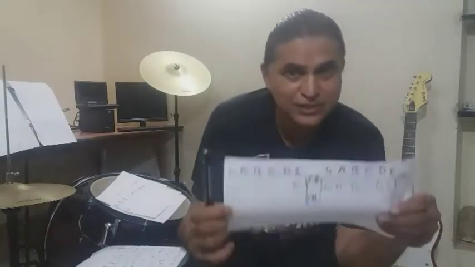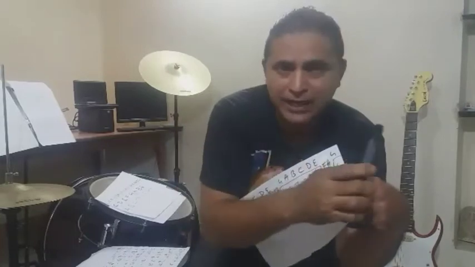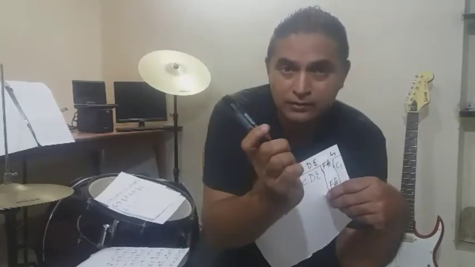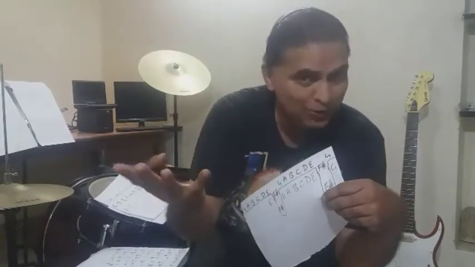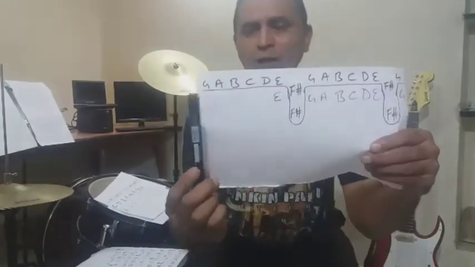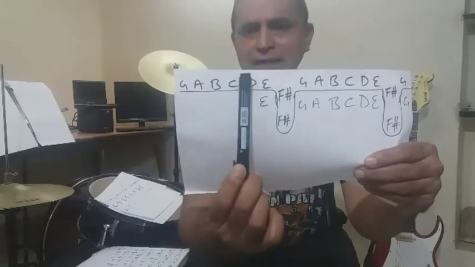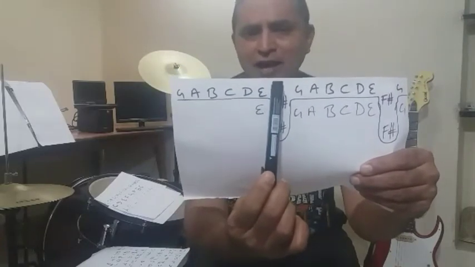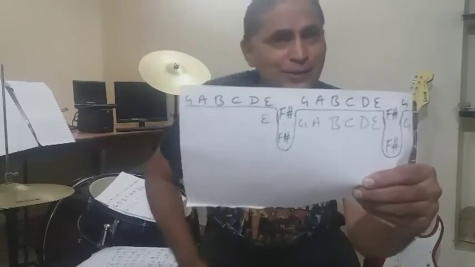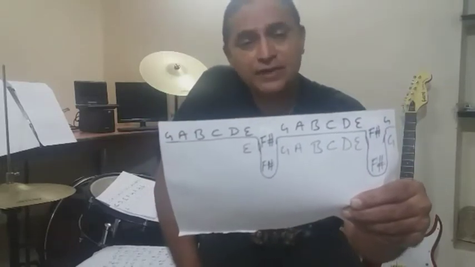See, I started from A, I got 3 sharps. I started from B, I got 5 sharps. I started from C, no sharps. I selected that. Then D, E, F, G. When I came to G and I applied that pattern, I got G, A, B, C, D, E, F sharp, G. So in G scale we never use F, we use F sharp.